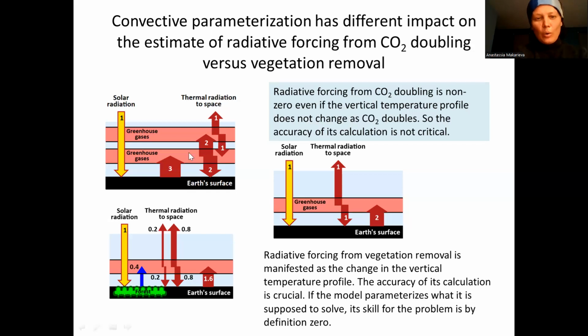When we go from here to here, like doubling of greenhouse gas concentration, you can see that compared to here, we have an additional layer of gas in the upper atmosphere. It is indeed cooler, and it originally emits less heat. So the planet begins to warm.